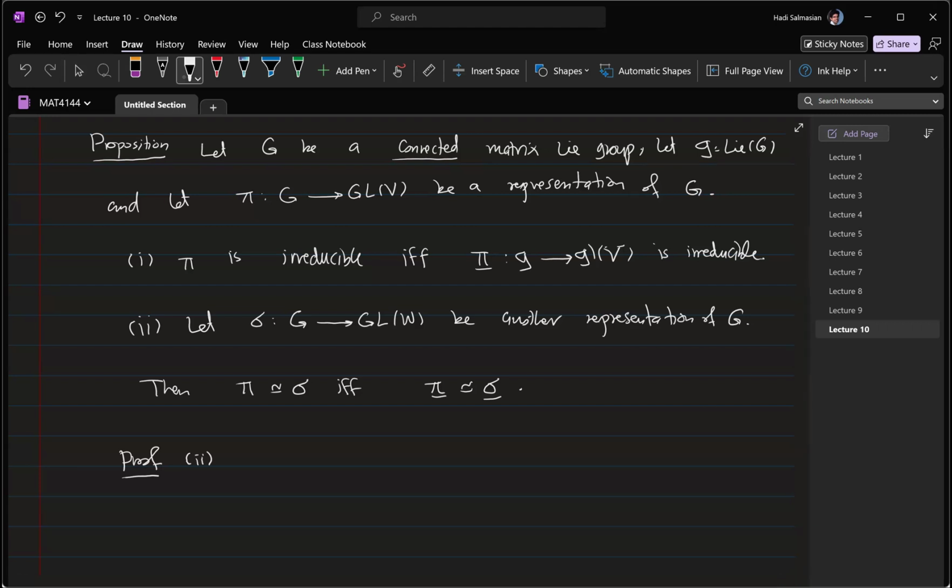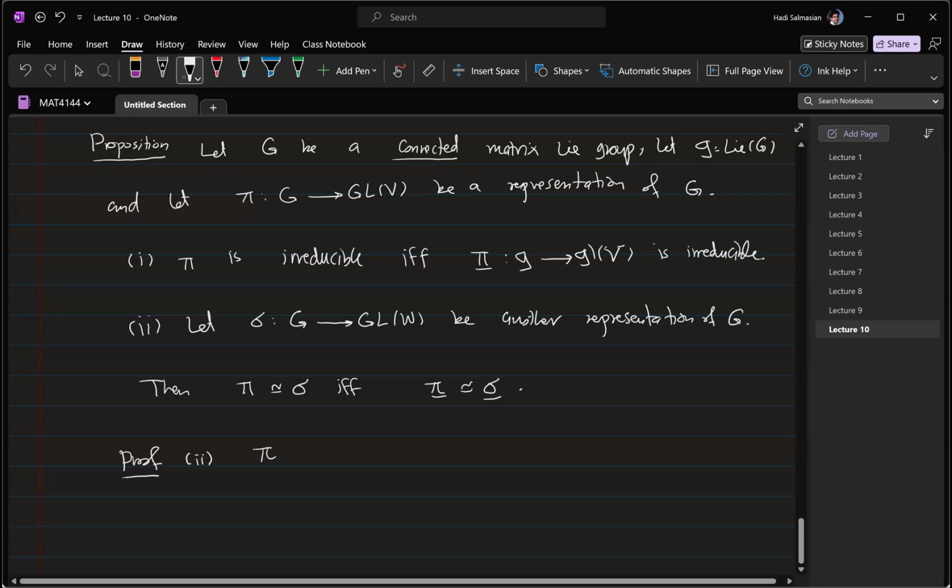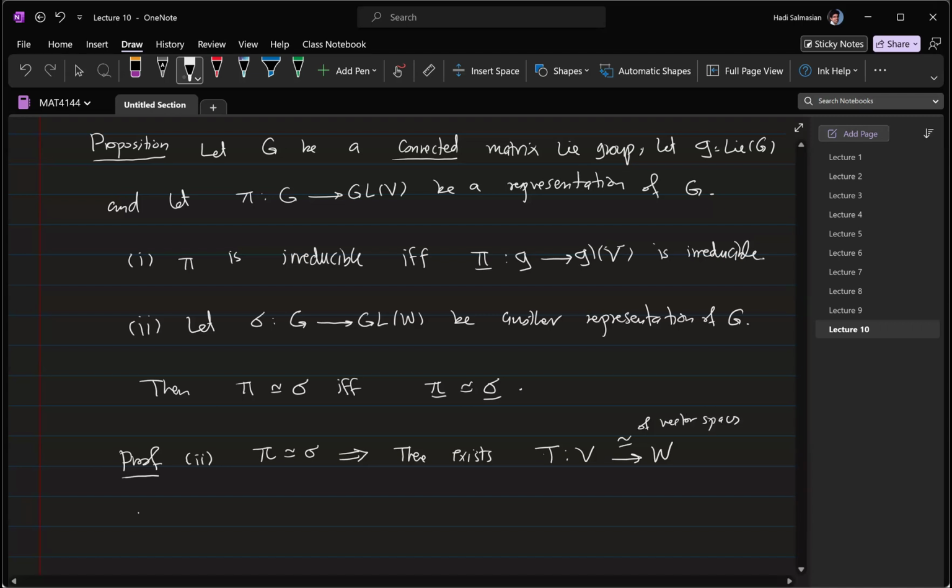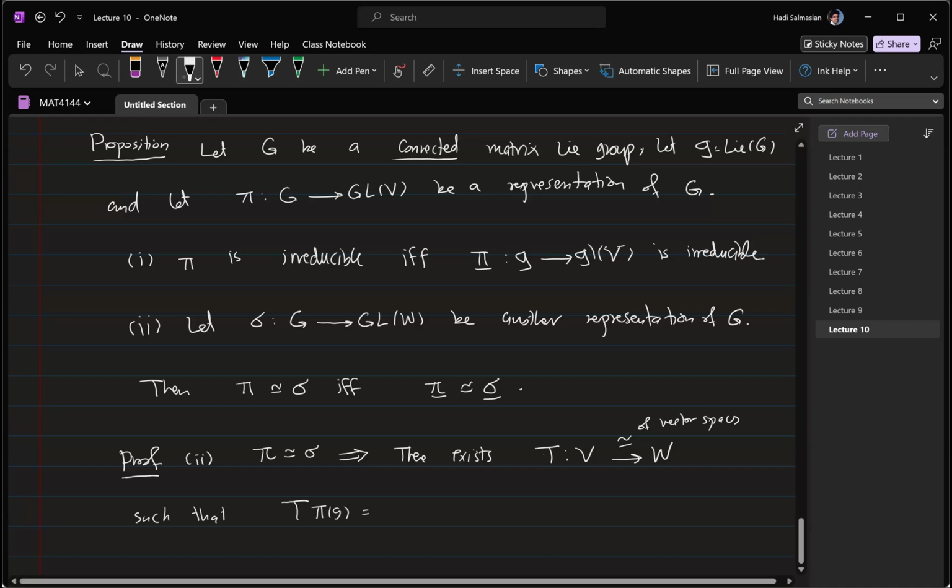All right. So suppose that π is isomorphic to σ. What this means is that there exists T that goes from V to W, an isomorphism of vector spaces, such that T π(g) equals σ(g) T for all g in G. It's an intertwining operator.